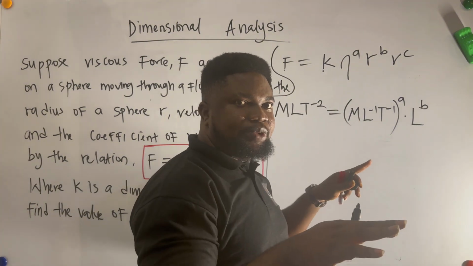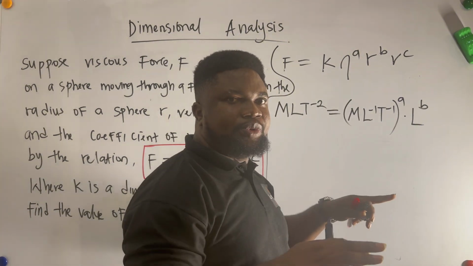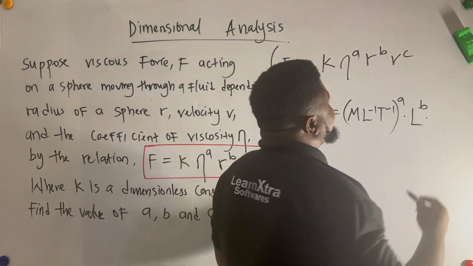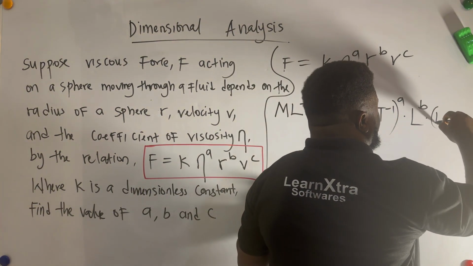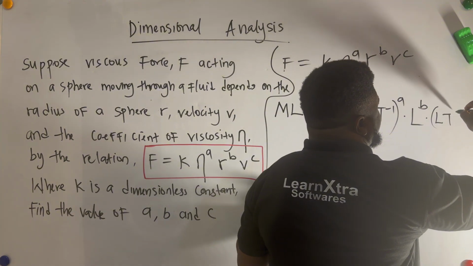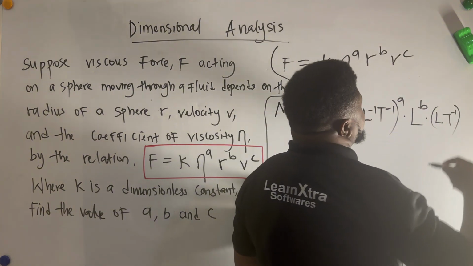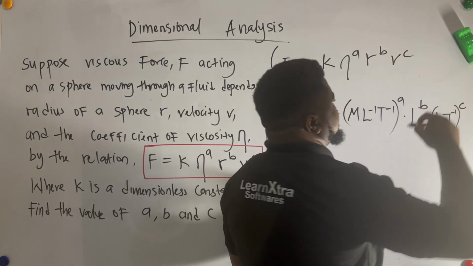Only M, no brackets, only L, no brackets. V will need brackets. That will be LT minus 1 power C.